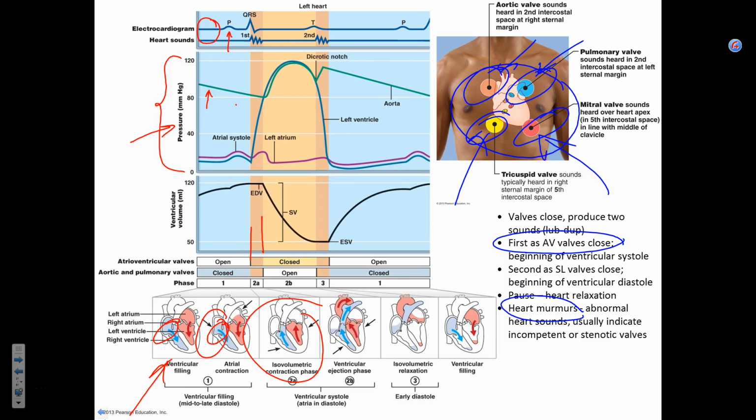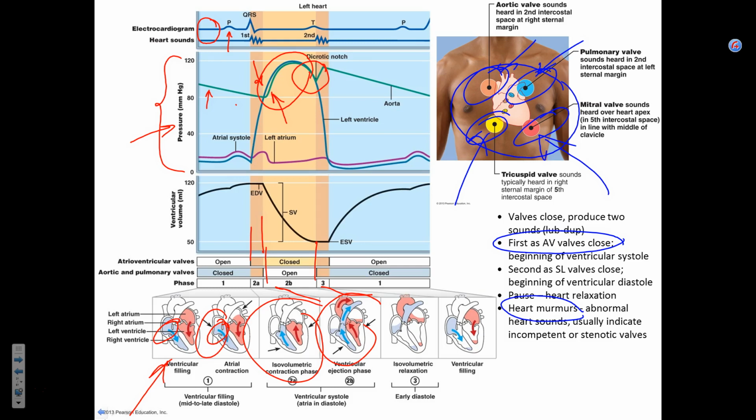is higher than the aortic. You see that movement? It's marginally higher, but it is higher. So blood starts to flow into the aorta. That's going to be the ejection phase, 2B, ejection phase. Does that make sense? Blood flows into the aorta, and then you see the jump in the pressure in the aorta, called dicrotic notch.